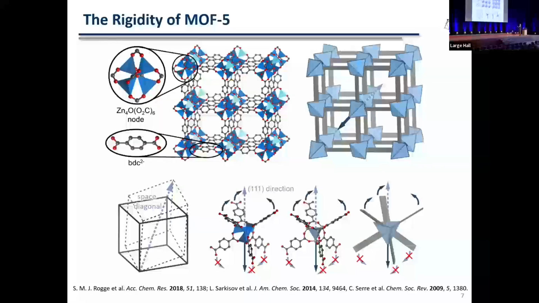And as a result, this structure is quite rigid. That's also one of the reasons why this structure was so successful initially, and you have this high surface area material. And we asked ourselves a question: what can we do when we have this structure and we implement, again, dispersion energy donors and try basically to pull on this structure from the inside.